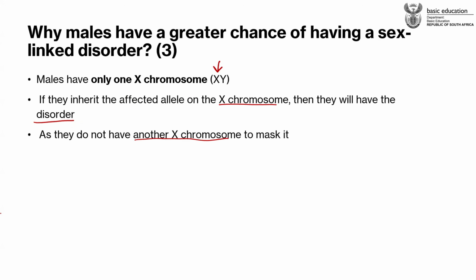Are we together, Kratos? Yes, Eva Tabile. Yes, sir. So my question is, if the fathers cannot be carriers, how can their children get diseases from the side of the father?